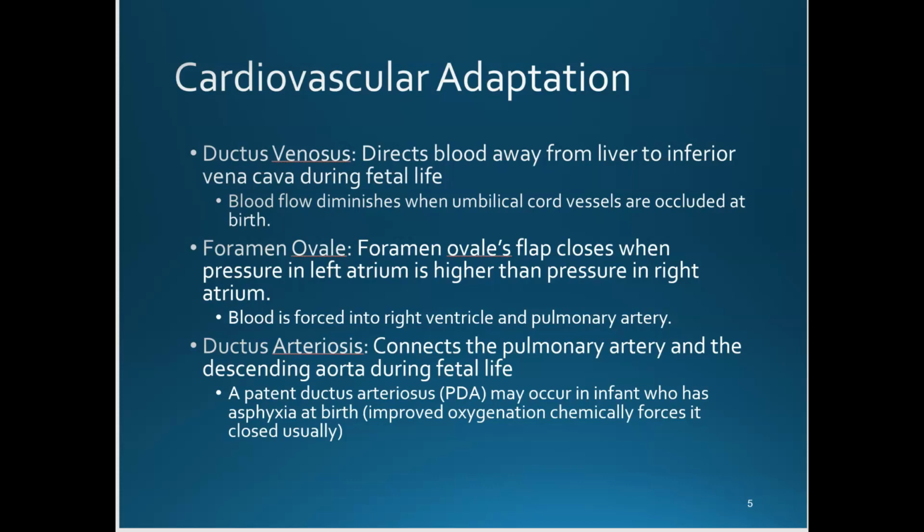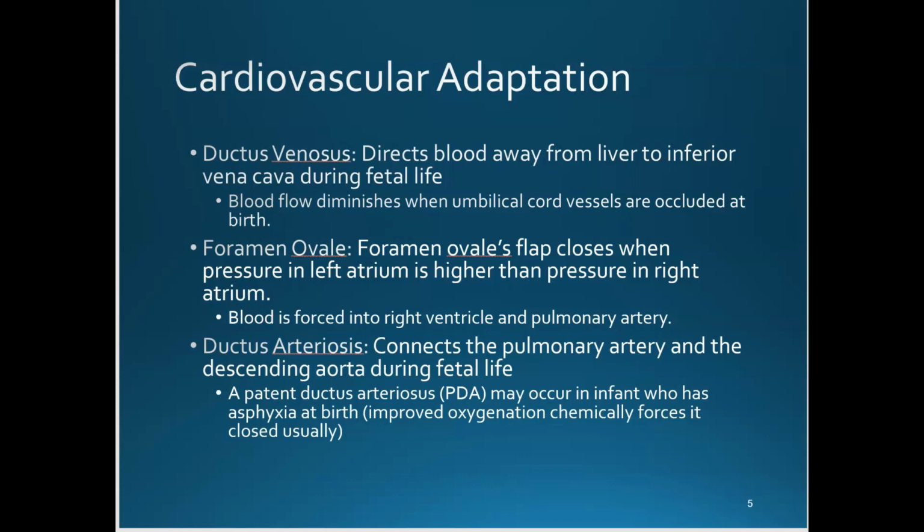Well, if the lungs weren't responsible for oxygenating the blood in utero, this hole allows blood flow and shunting to occur because it doesn't matter which side of the heart the oxygenated blood is on because it's being dispersed throughout the whole body. That changes when baby is now responsible for oxygenating itself. So we have this flap that closes, which changes the pressure, and then we're forcing blood in the pathway that we are used to in adult circulation.